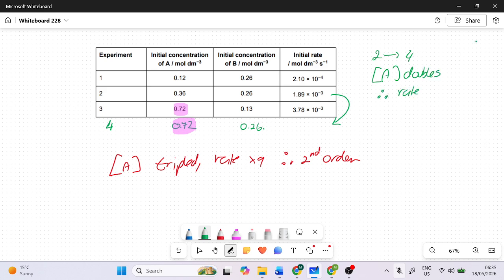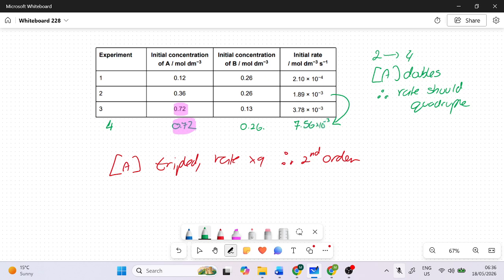Therefore, rate should quadruple. And I know it should quadruple because I already found that A will be second order. So that would become 7.56 times 10 to the minus 3.